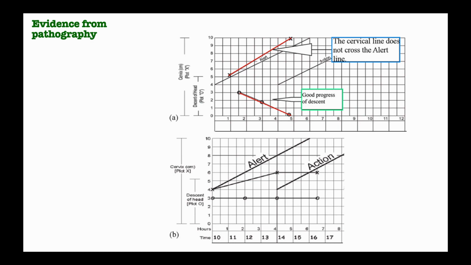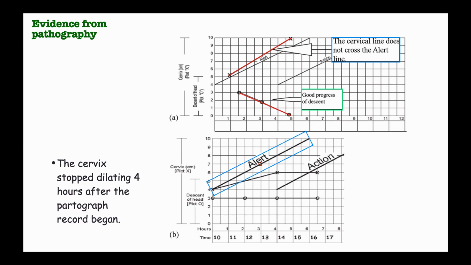However, when we compare it to the B over here, we realize that the alert line is here, but the cervix stopped dilating 4 hours after the partograph recording began. And so our plot started crossing the alert line and even entered into the action line.